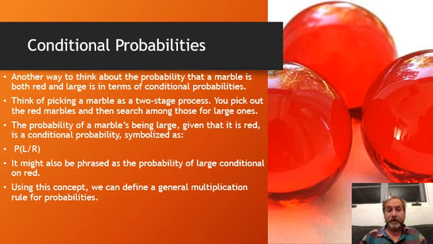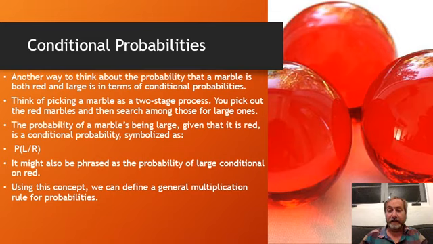We can say the probability of a marble's being large given that it is red. You picked out all the reds, and then given that we're dealing only with red marbles, what's the probability of getting a large one? That's called a conditional probability, and you'd symbolize it as P(L/R), the probability of being large given that it's red.